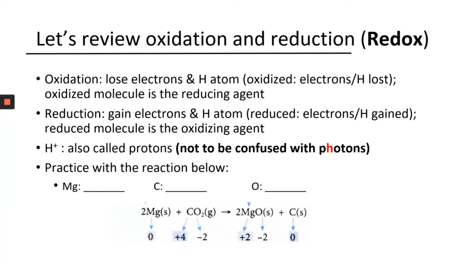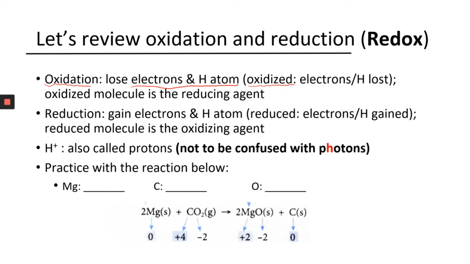The metabolic pathways that we're going to talk about in this chapter involve a lot of oxidation and reduction. So collectively, they're called redox reactions. Okay, so what is oxidation? Oxidation means something loses electrons and the hydrogen atom. Okay, so that means that this molecule is oxidized.